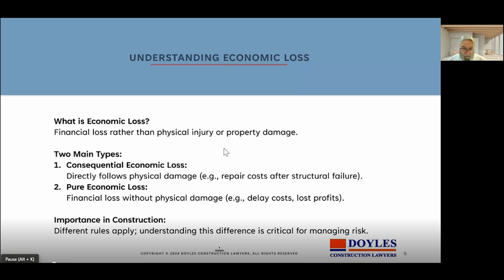If somebody chops down your tree, then perhaps they should be penalised. Financial loss is seen to be more remote and less direct, and therefore the law had a struggle to find that.